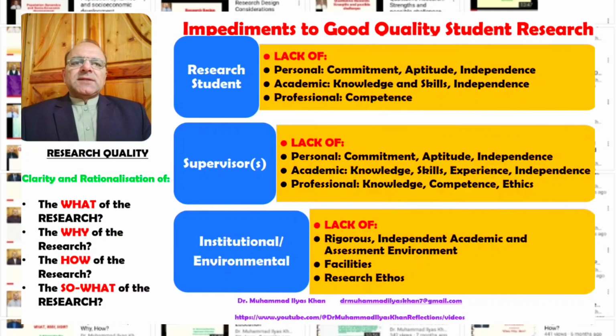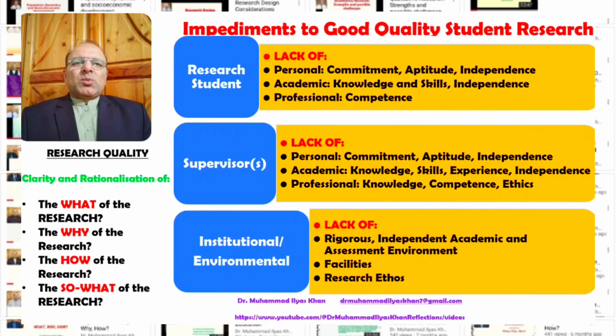Then facilities. The lack of facilities in institutions is again something that will impede the quality of the student research. If they're conducting, for example, experimental studies such as in natural sciences, they will need proper facilities, laboratory facilities.